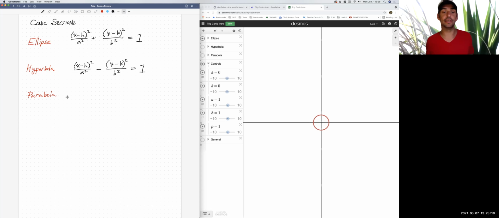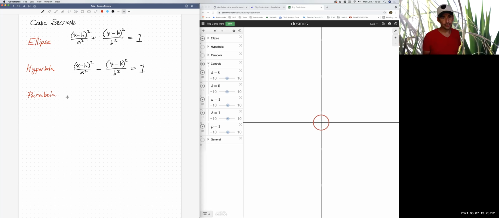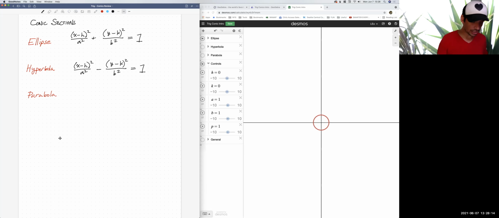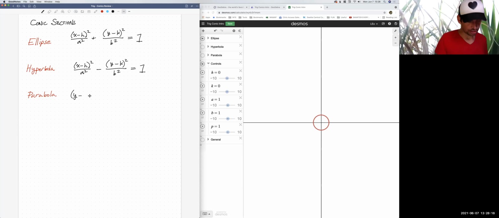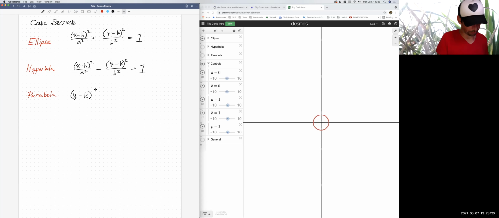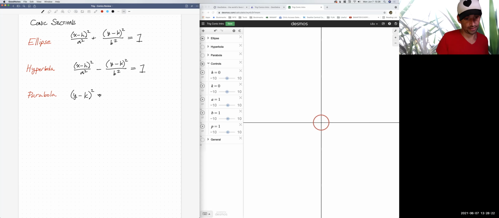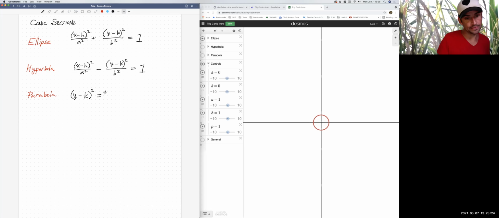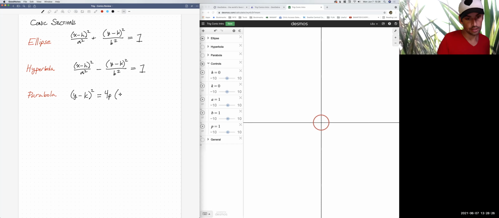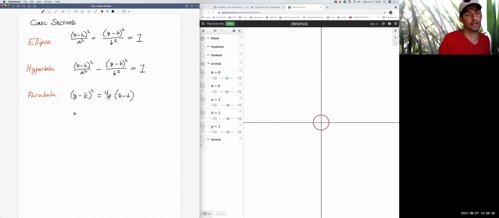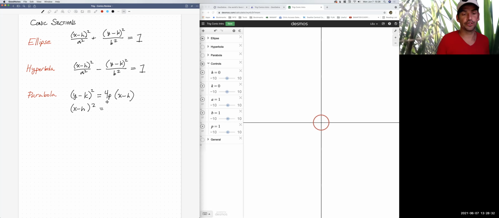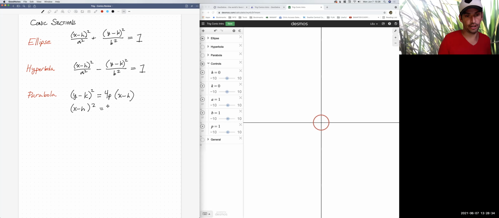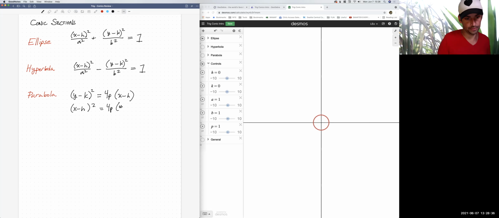And then parabolas, we're used to seeing them, right, as quadratics. We're going to think about it a little bit differently in this. One way to write down the general form of the parabola with a center at h, k again. There's going to be two different ways depending on if it's going off vertically or horizontally.